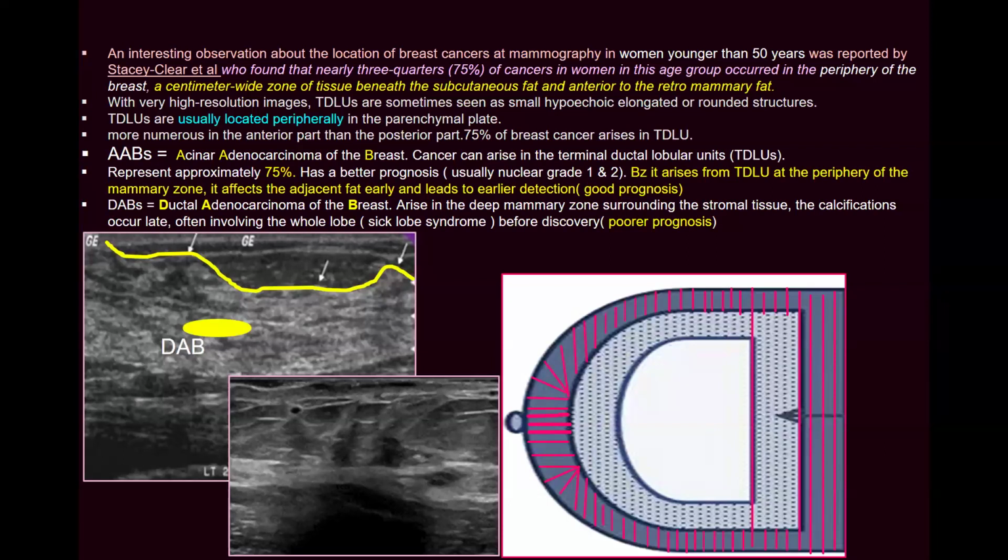It usually presents as grade 1 and 2, and has a good prognosis. While the DABs, ductal, has a poorer prognosis because it usually presents late and with calcification.